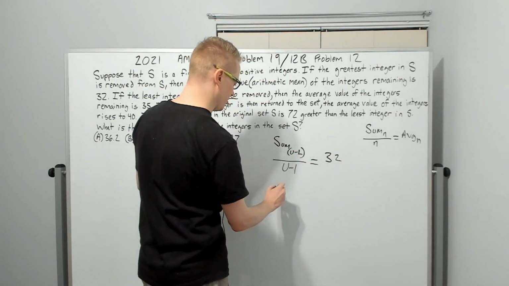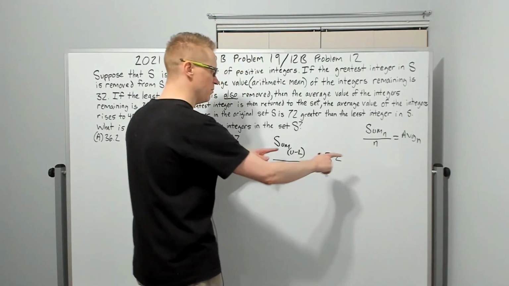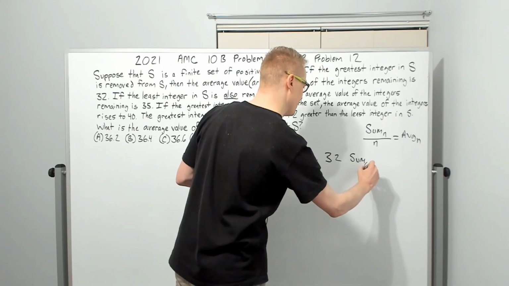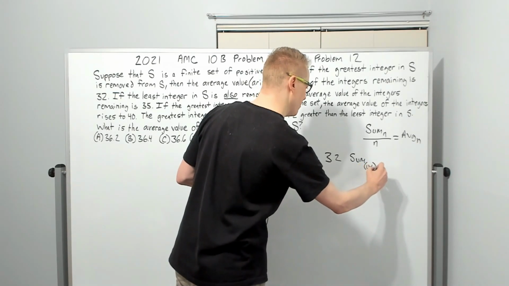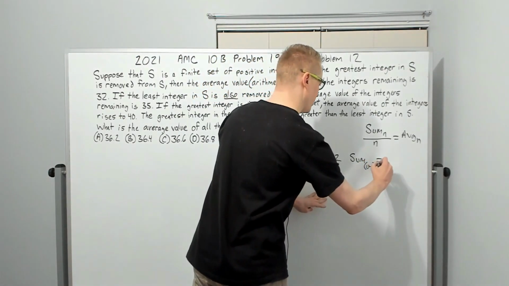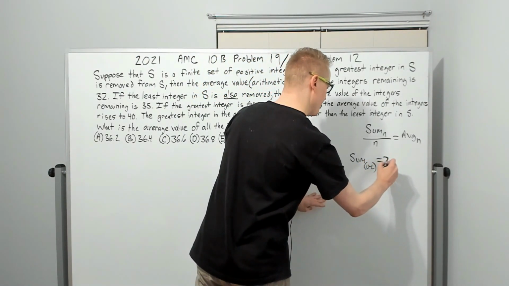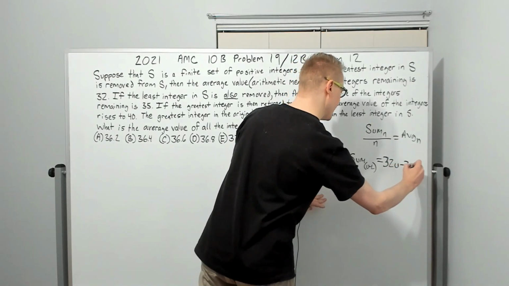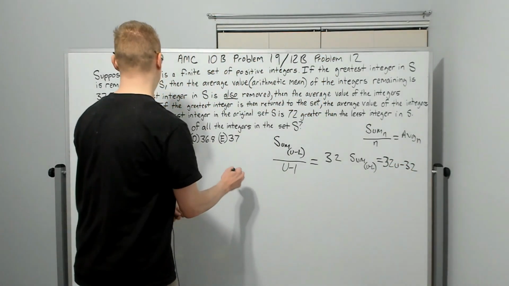And then you're also going to need to immediately multiply. You will get that the sum of the universal set minus the largest value of that set is going to equal 32U minus 32.